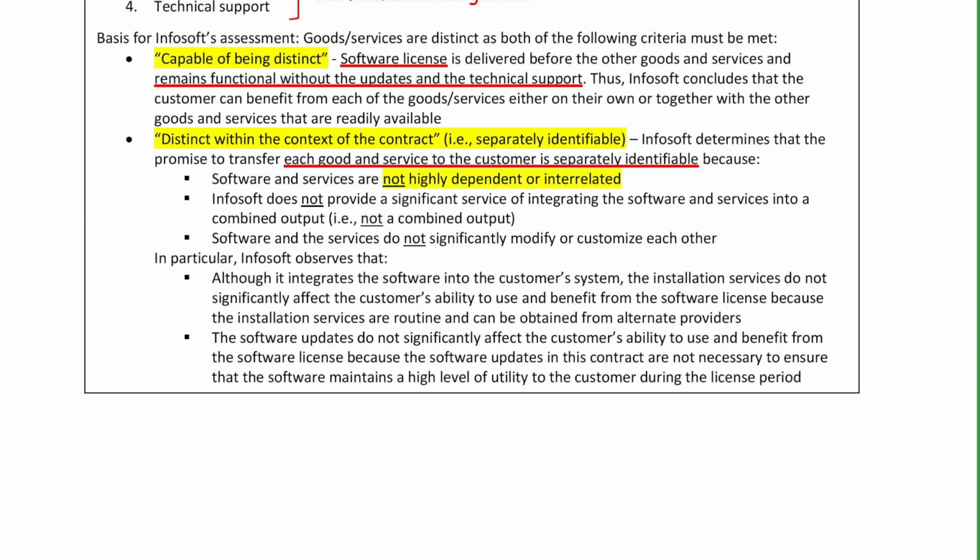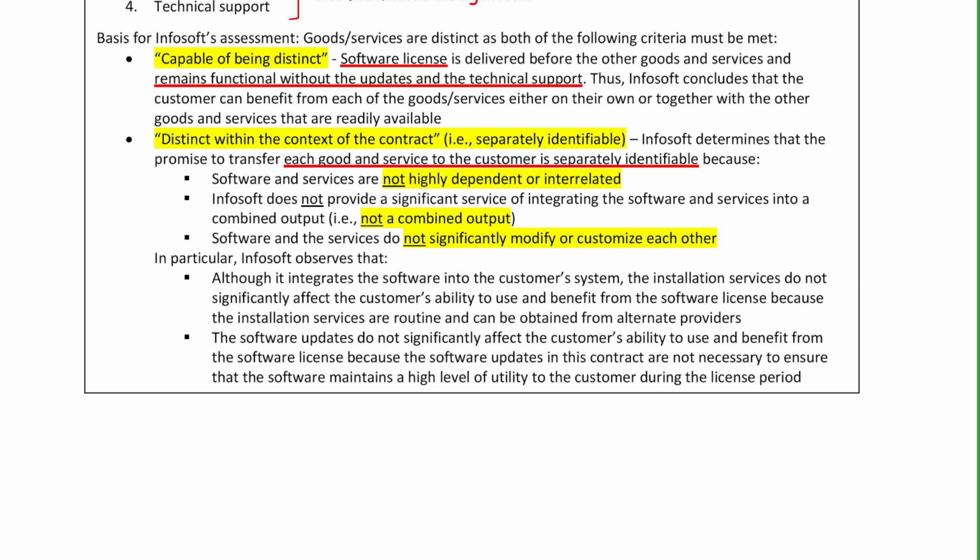Because Infosoft does not provide a significant service of integrating the software and services into a combined output, which means it is not a combined output. And software and the services do not significantly modify or customize each other.